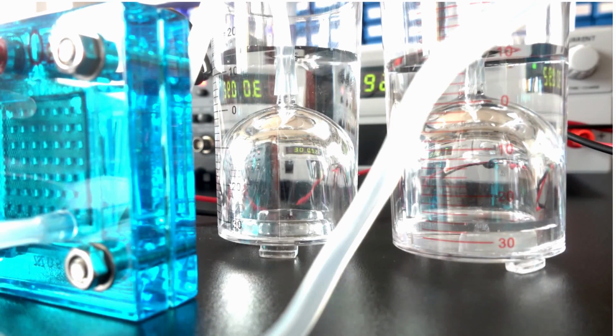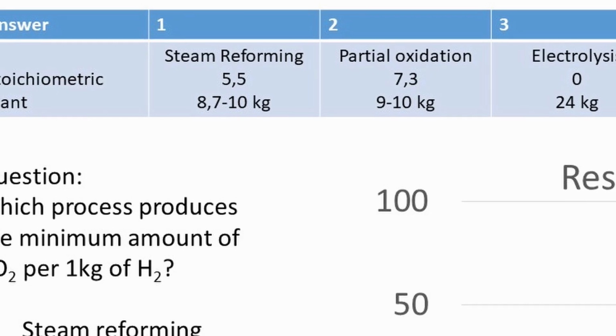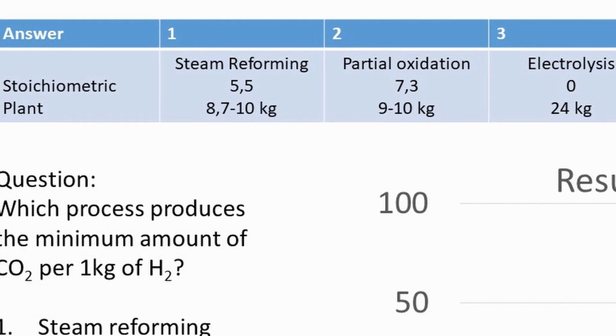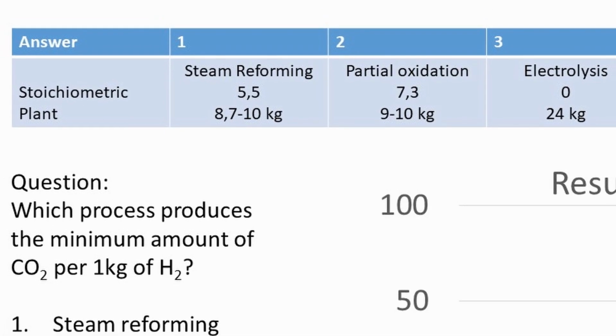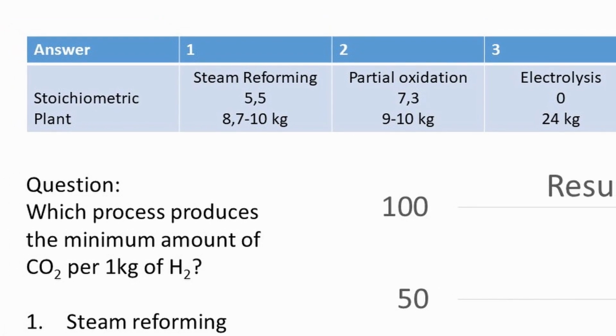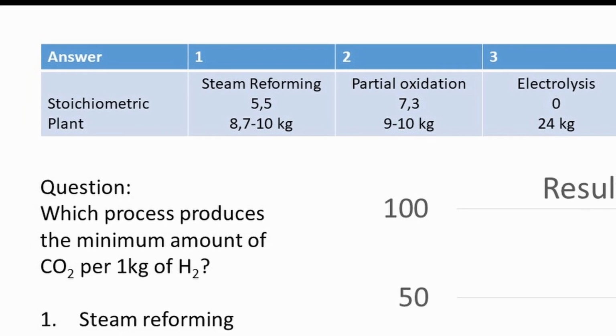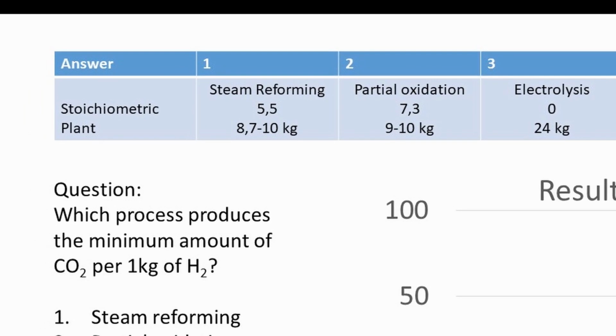The amount of CO2 produced by electrolytic processes is directly linked to the CO2 emitting capacity of power plants. The overall CO2 emission rate of the water electrolysis process is estimated at 24-28 kg of CO2 per kilogram of hydrogen.